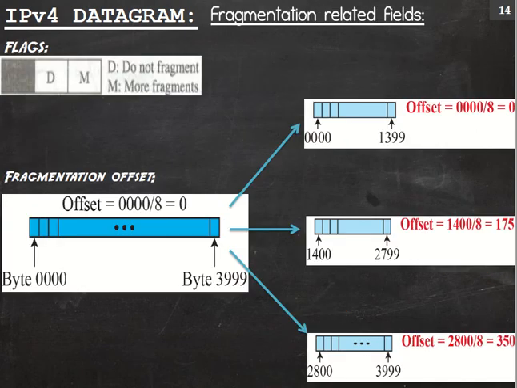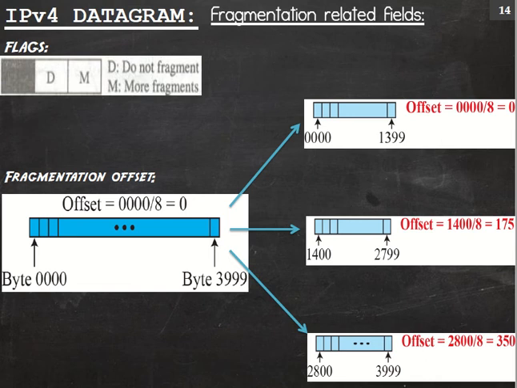As you have seen, in an IPv4 datagram there are three fields related to fragmentation: identification, flag, and fragmentation offset. The identification is 16-bit data which identifies the datagram originating from a source host.